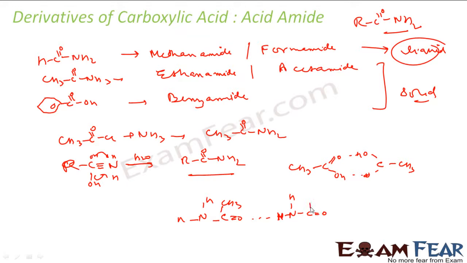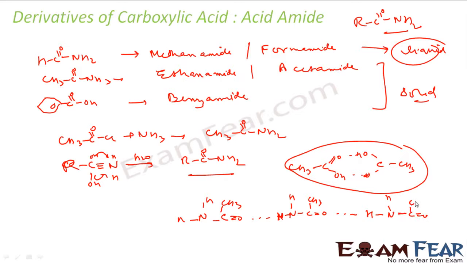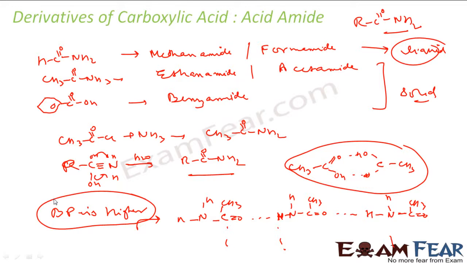If you're forming a dimer, you're not that strong. But if you're forming a big network like a spider network, you are a strong person, right? Same thing here. It will go on, a very big network, so the boiling point is high. In fact, this is the only exception. In other cases, the boiling point is generally lower than the carboxylic acid, but in case of amide, they form a bigger chain of bonds, a large number of bonds. Thus, the boiling point is higher than the corresponding carboxylic acid.